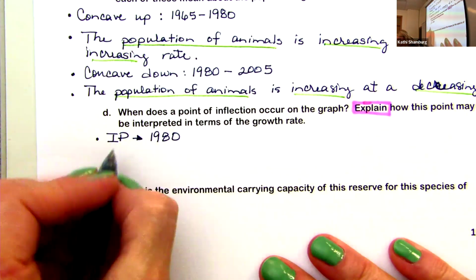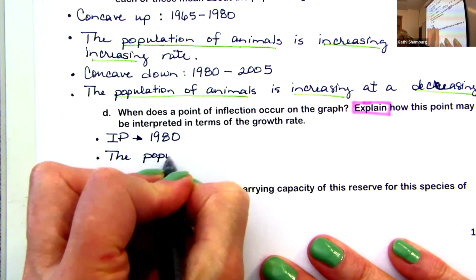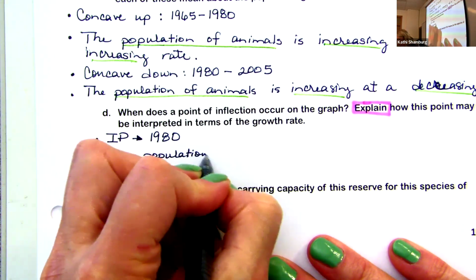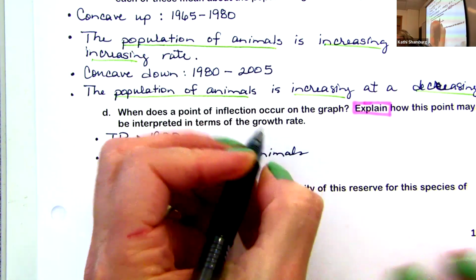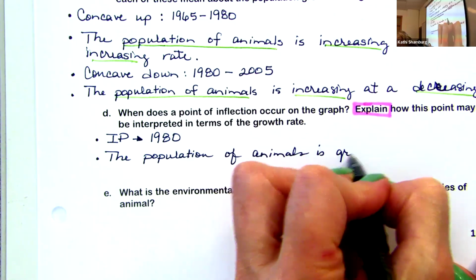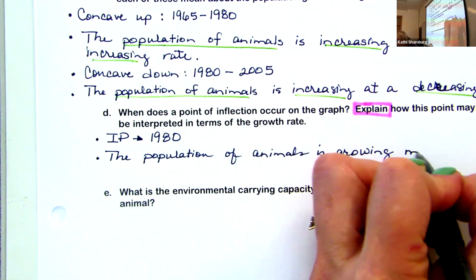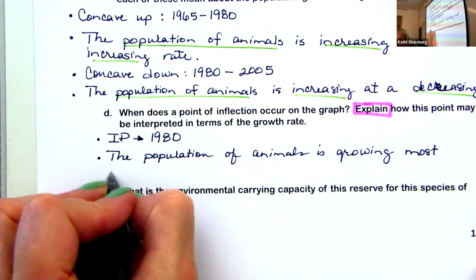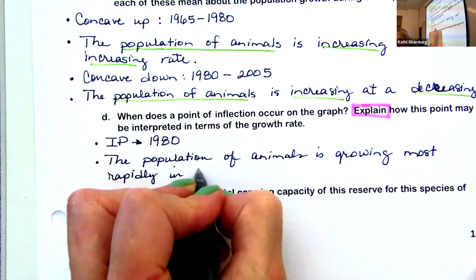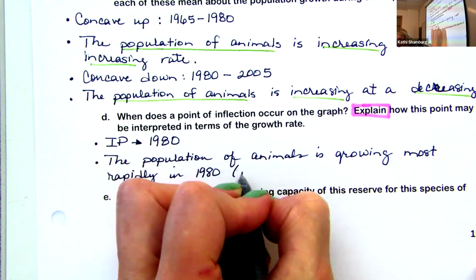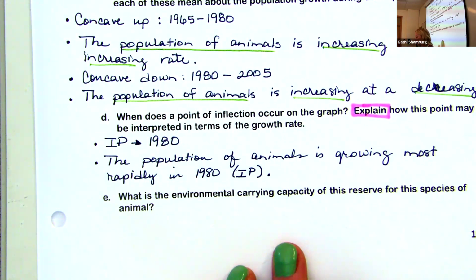So if I was asked to explain that, I would say the population of animals is growing, or you could say increasing, most rapidly in 1980. And I'm going to go ahead and put inflection point, just so you remember that 1980 is your inflection point.